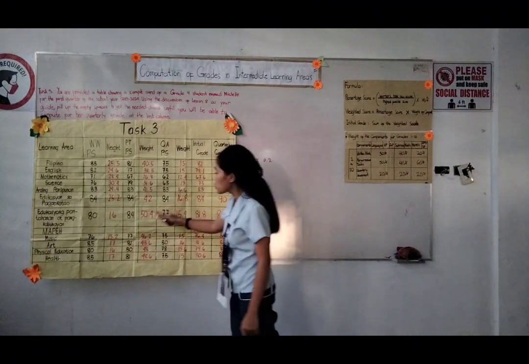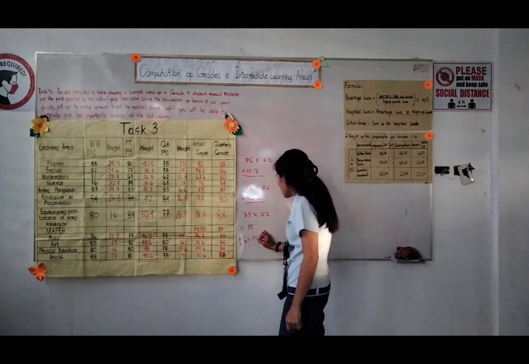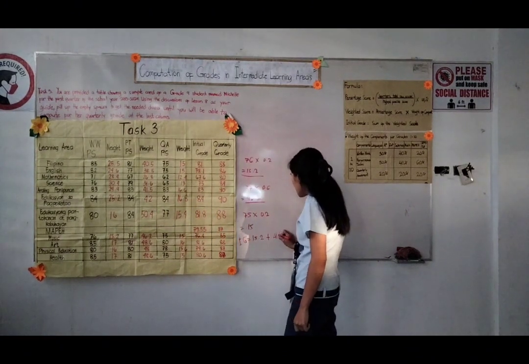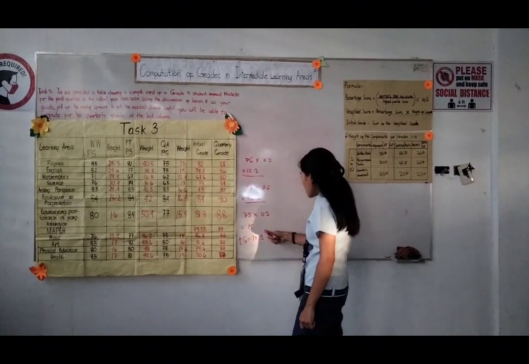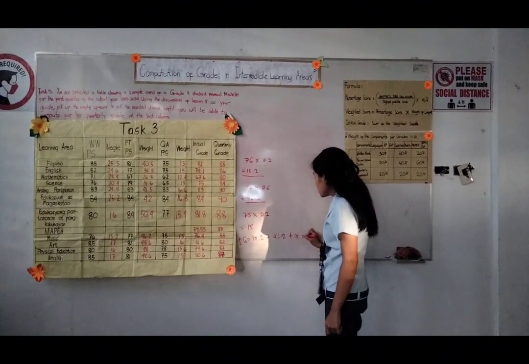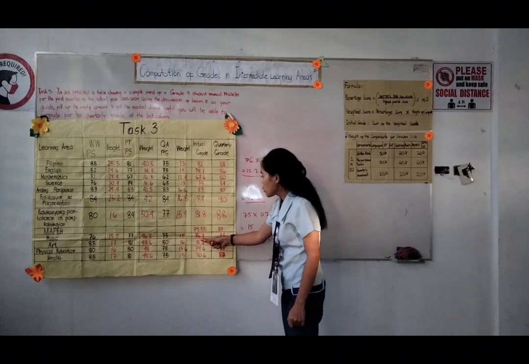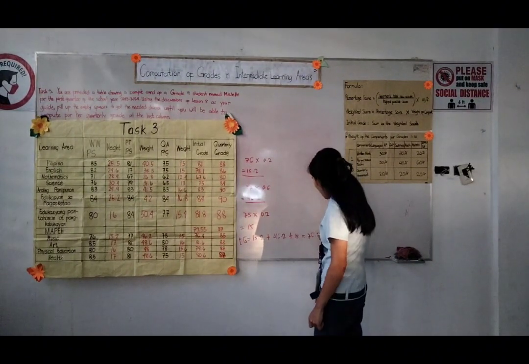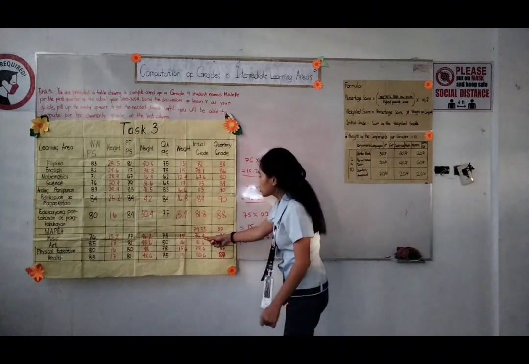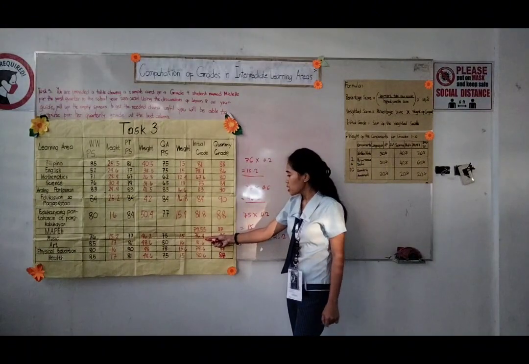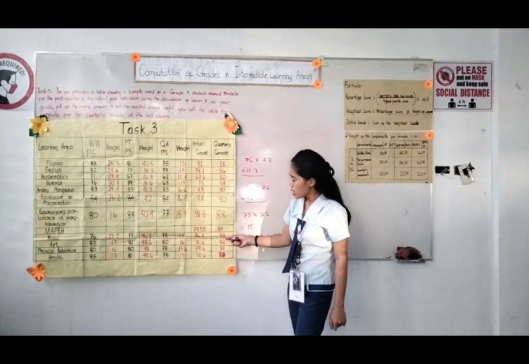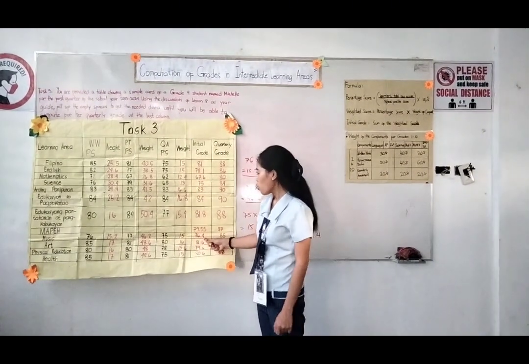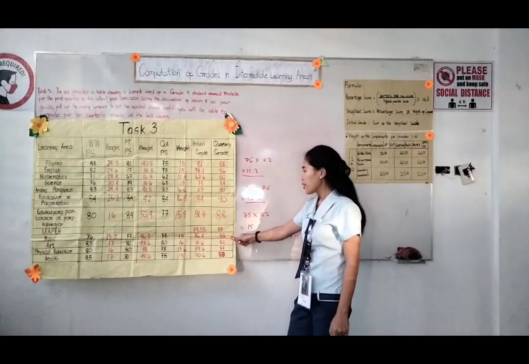In written works, we have 15.2 plus 46.2 plus 15 equal to 76.4. So to transmute the initial grade using the transmutation table provided, 76.4 is equivalent to 85.